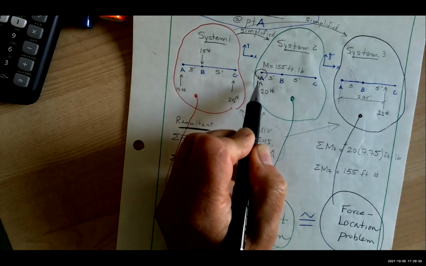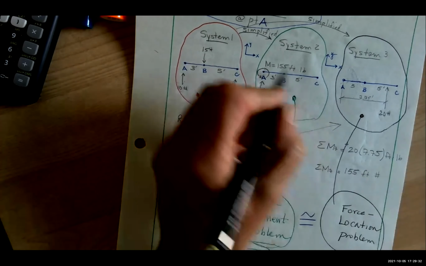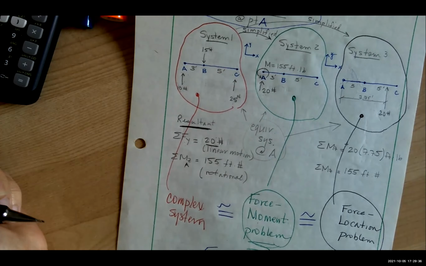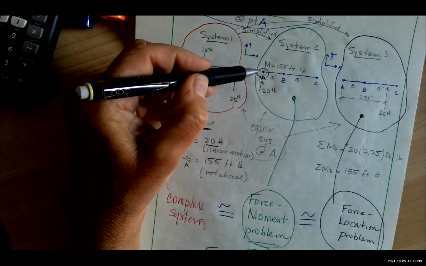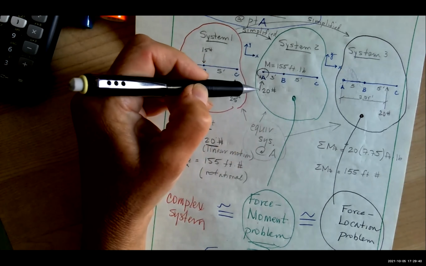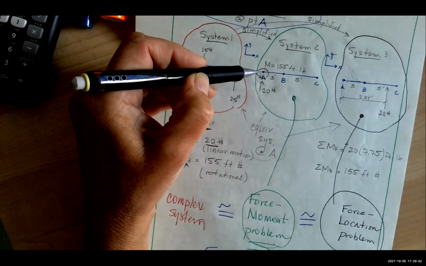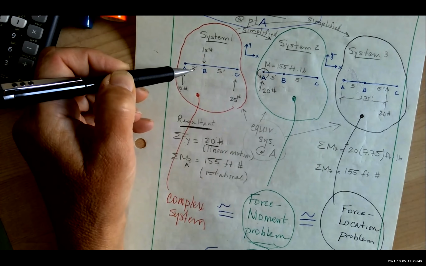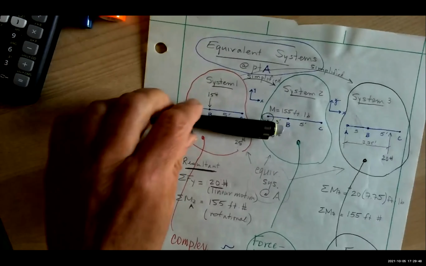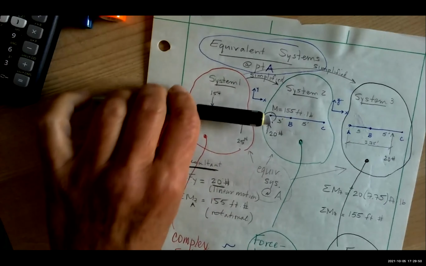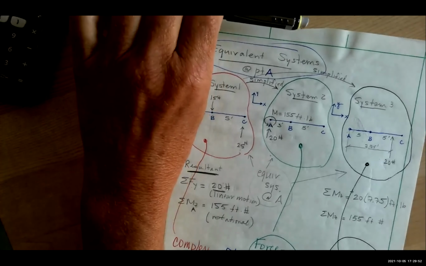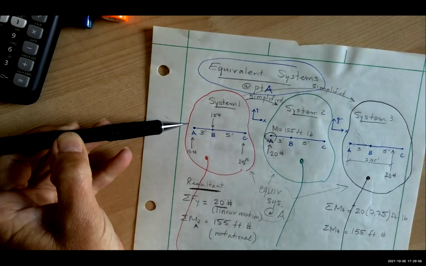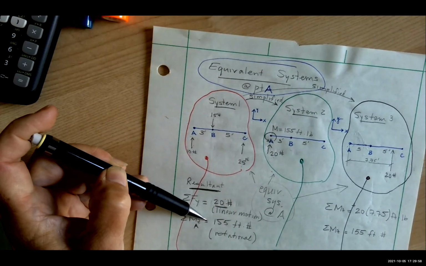I could put the 20 pounds at point A, and I could put the moment directly at point A. This system, with a concentrated force and a concentrated moment at A, will have the same net effect as this. We determined that this beam, from these three forces, is going up 20 pounds and spinning around A at 150.